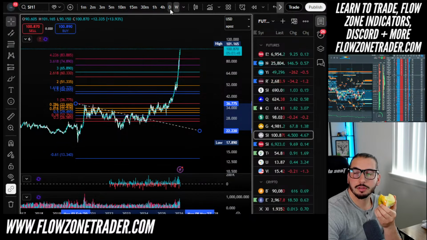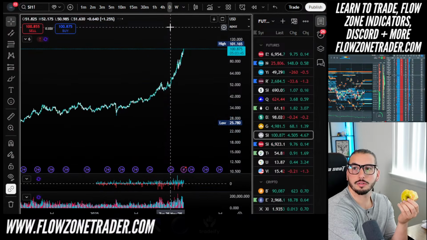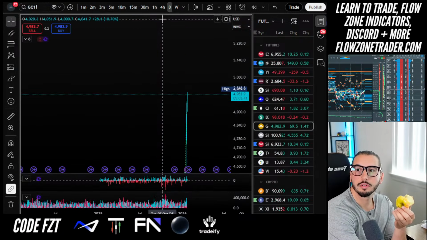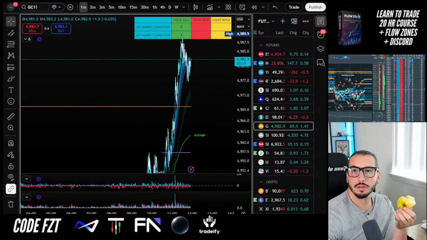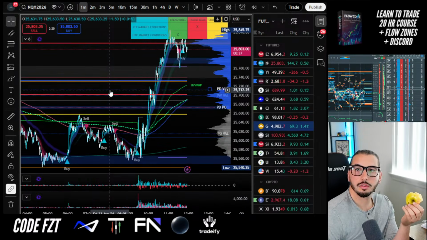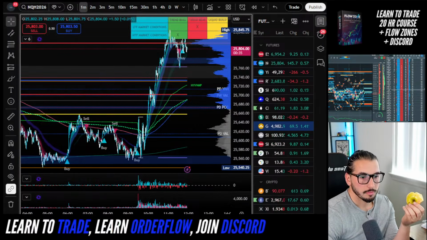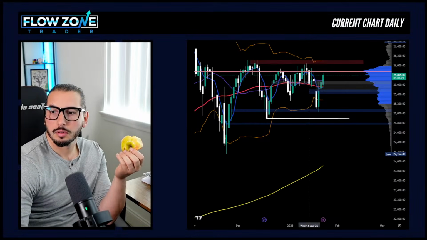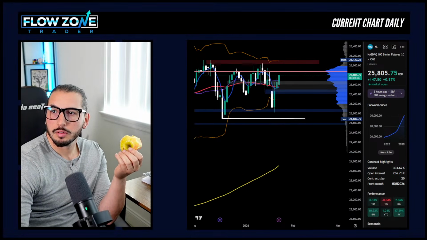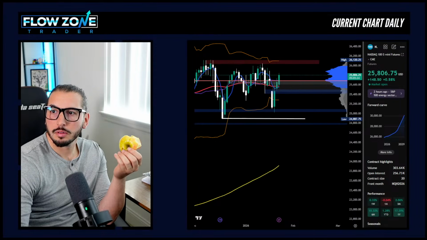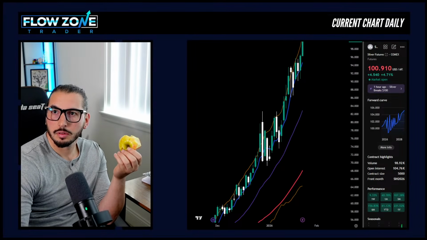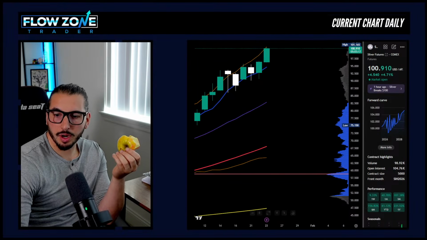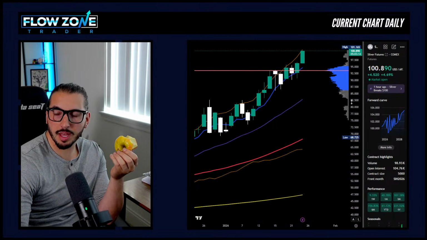How many sigmas? Hang on, let me have a look at this. Yeah, it's running out of room. I mean, it's hugging the 5. This is like a really healthy trend.